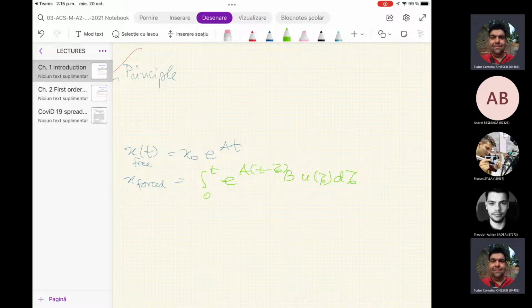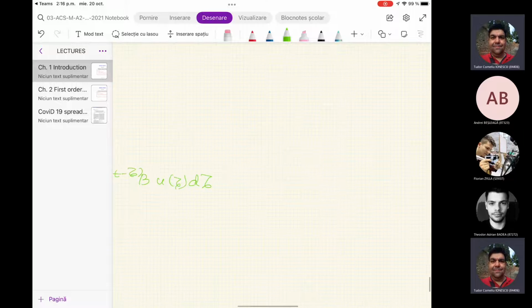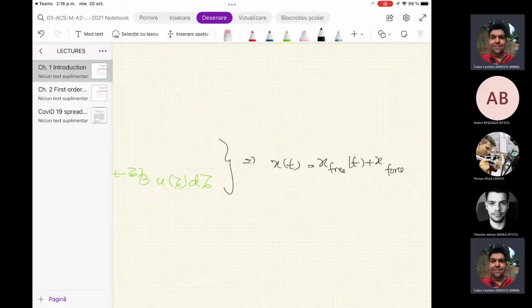So this is the forced evolution. And the total solution, the full solution of this system, x(t), was x free of t plus x forced of t, which is all very nice.